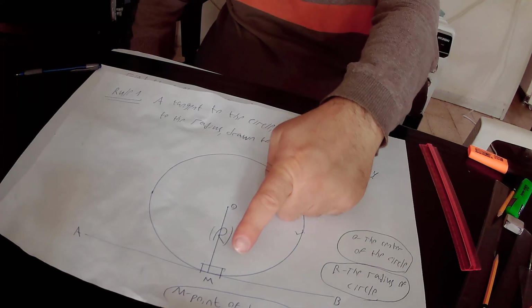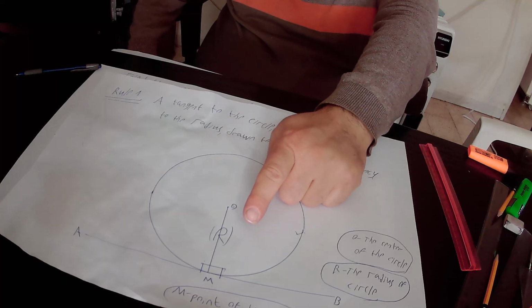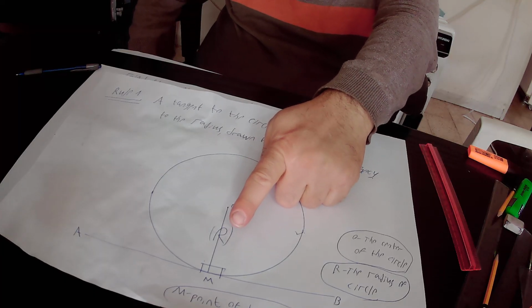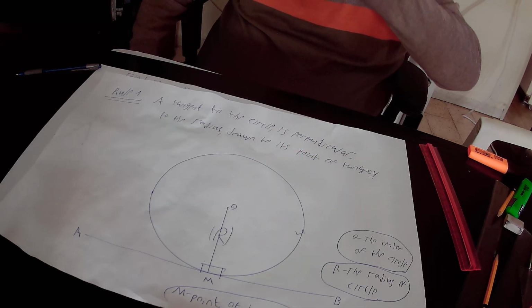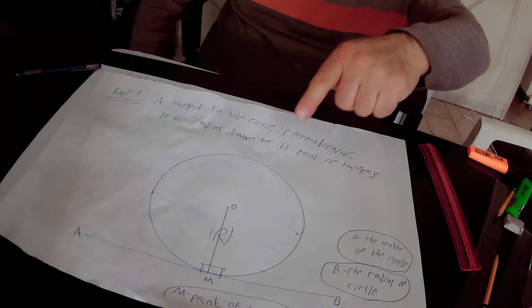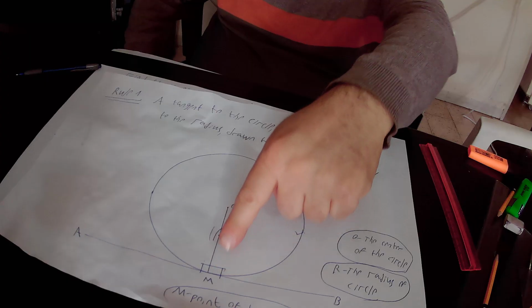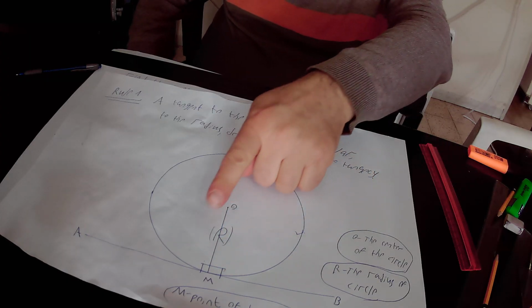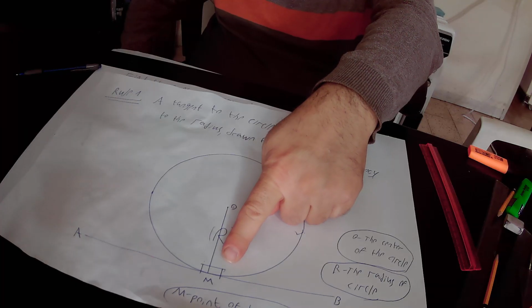And we have the radius OM equal to capital R. The radius OM is drawn to point M, the point of tangency. Whenever you have a radius drawn to the point of tangency, tangent AB will be perpendicular to the radius MO. If AB is perpendicular to MO, this angle equals 90 degrees, and this angle also equals 90 degrees according to rule 1.